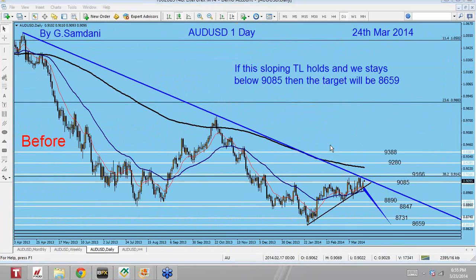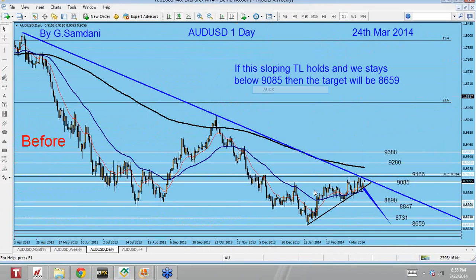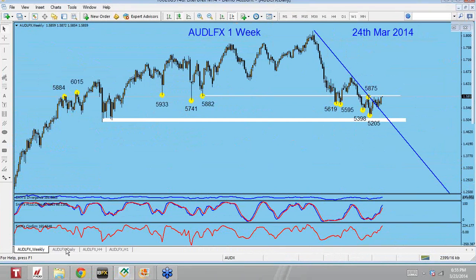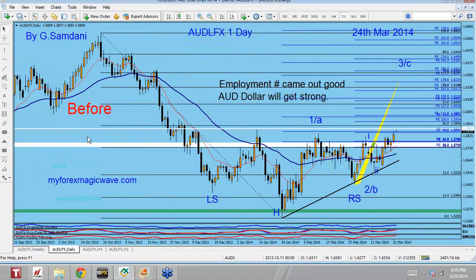If this pair comes down, let me show you another reason I'm thinking that. If this Aussie index is right here at that level, the 5881 line. How come I'm getting lousy now? I don't have numbers here. I forgot to put the numbers here.